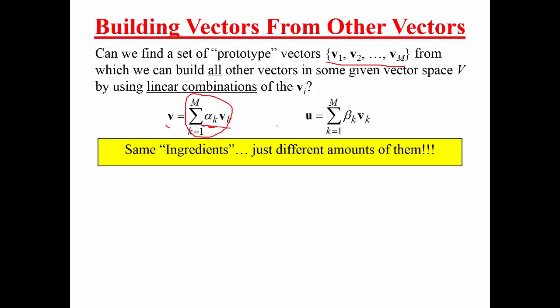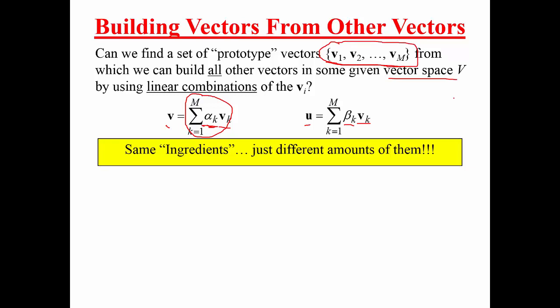Now you give me some other vector u that's also in the vector space V. I can build that from the same set of prototype vectors with just different amounts, different coefficients out in front. So it's kind of like these are the ingredients that I have in my pantry, and they allow me to cook any possible meal.